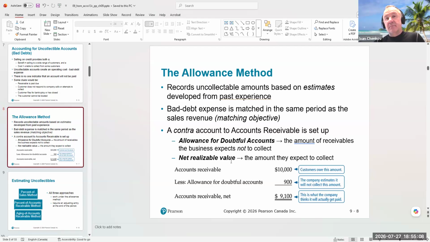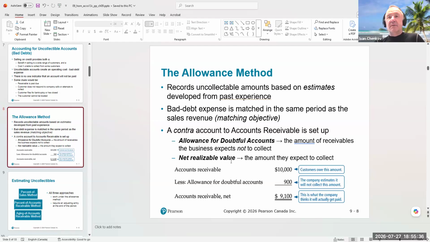But the longest period is 1 year. So now, if the sales are related to 2024, at the end of 2024 you haven't received the money, and you're feeling that the client might not pay, then you're going to record the bad debt expense.